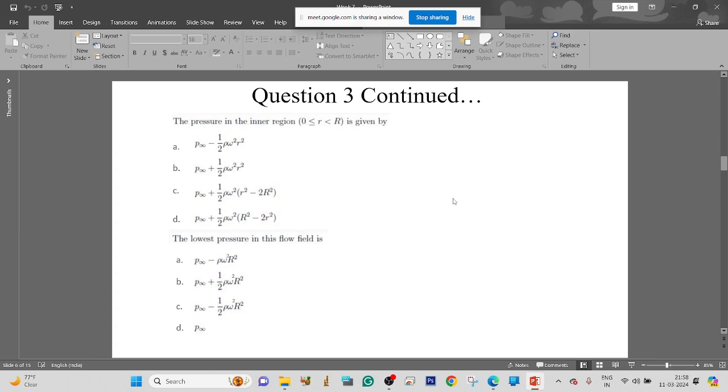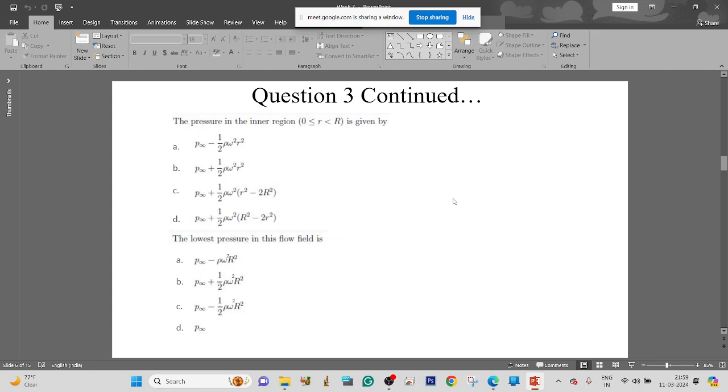Let's suppose the pressure at this point is P naught. So at small r equal to capital R, P is equal to P naught. Then P naught is equal to rho omega square R square by 2 plus C2. The pressure field should be continuous and not discontinuous, as I have already said. So this is one equation.